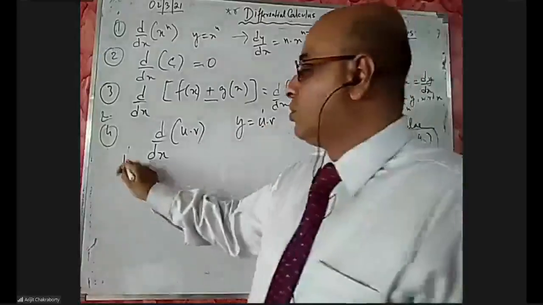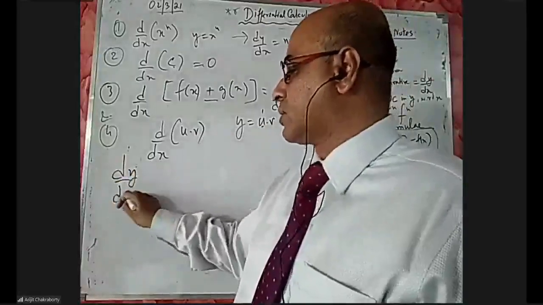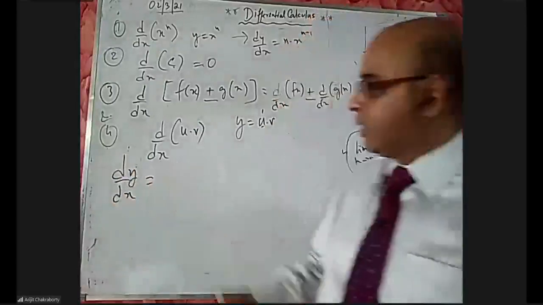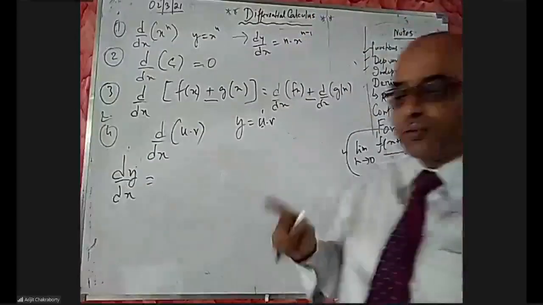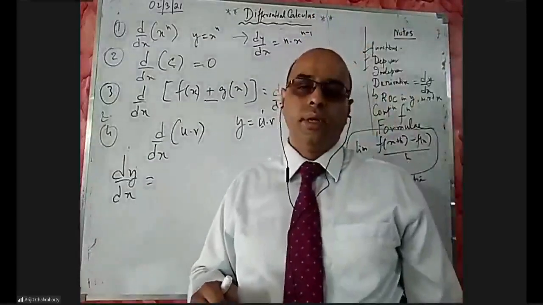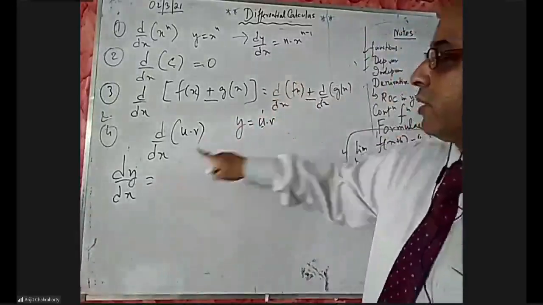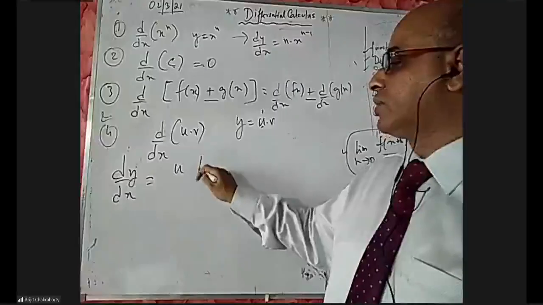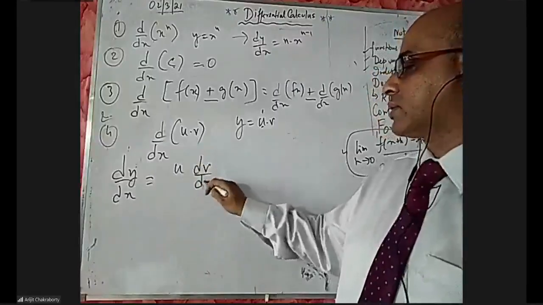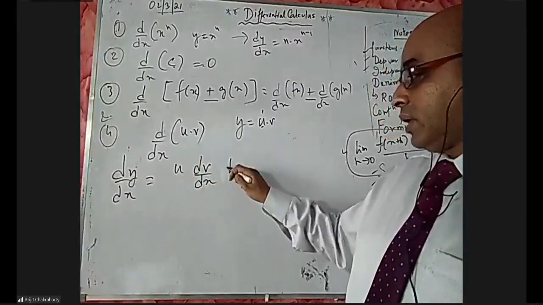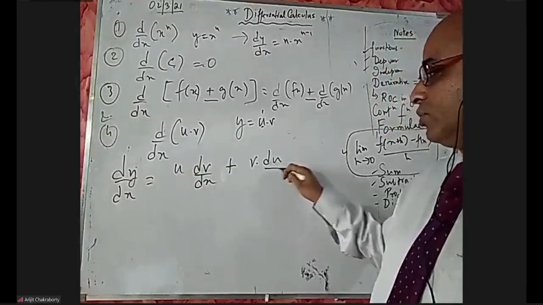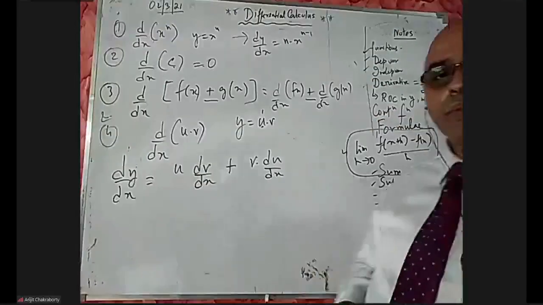You have to find dy by dx. So dy by dx will be equal to: first we take u outside and differentiate v, that is dv by dx, plus we keep v outside and we do du by dx.